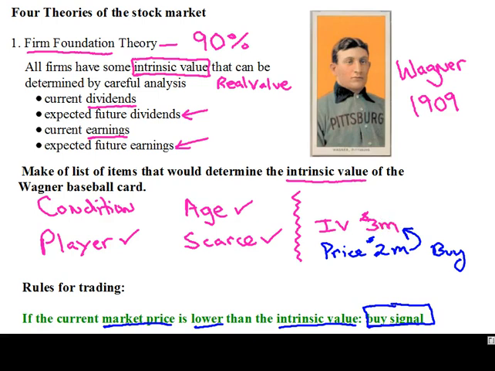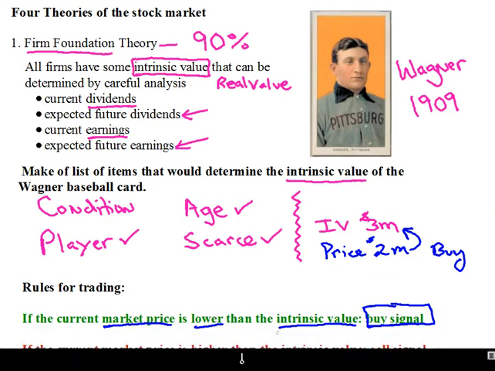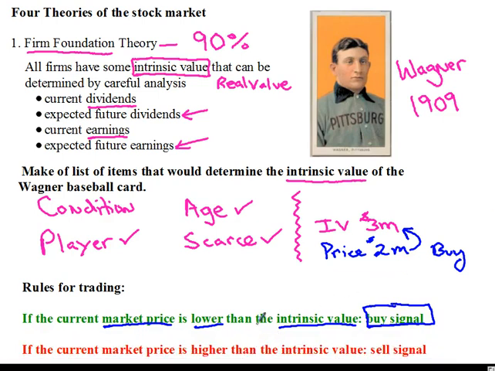Now, let's think about the other side of this. The other possibility, the other rule for trading, would be if the current market price is higher than the intrinsic value. If the price is higher than what I think it's really worth, then that will be a sell signal for me.